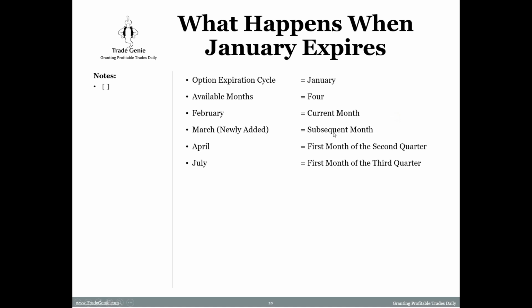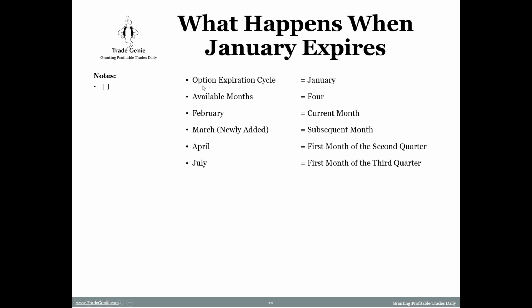So automatically, when January expires and you come in the next week after the expiry, you will see that March is there. Knowing that March is coming, you can take some action before. And then we need two extra months.